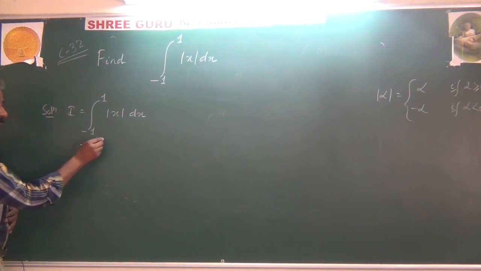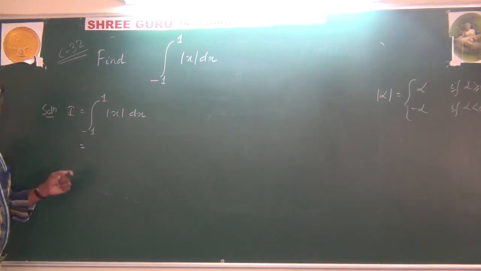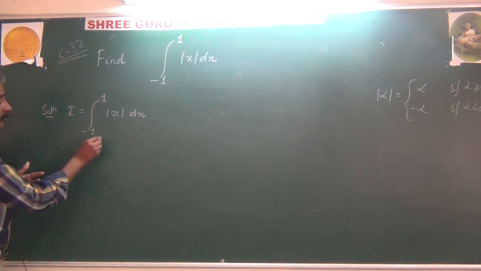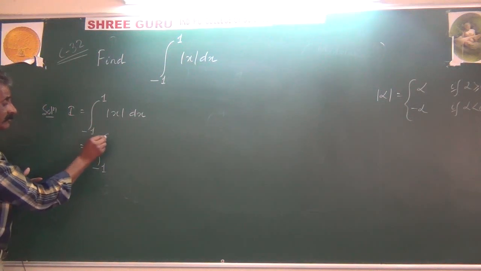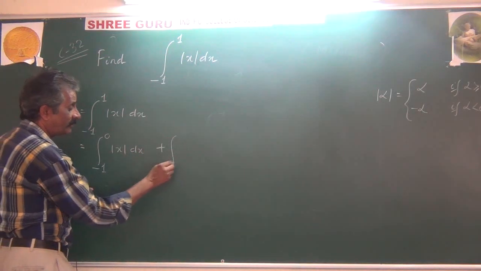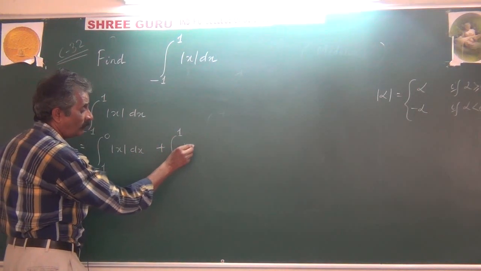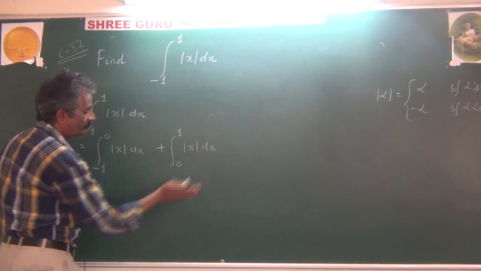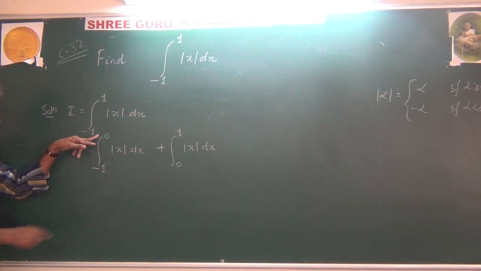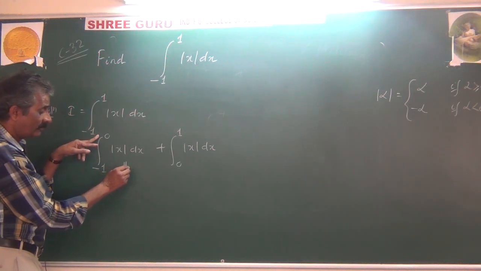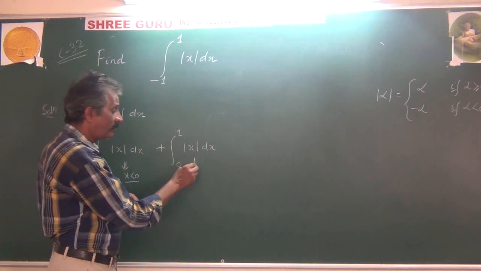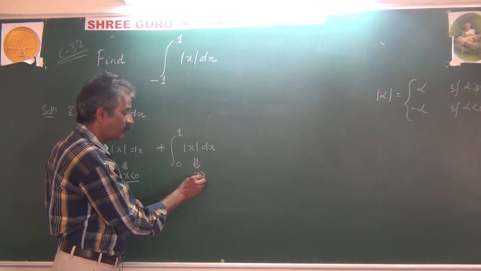Now we have to break the interval. One interval minus 1 to 0, another interval 0 to 1, by property number 6. Integration minus 1 to 0 modulus of x dx plus integration 0 to 1 modulus of x dx. Here what is the interval? Minus 1 to 0. In this interval x is negative, whereas in this interval x is positive.